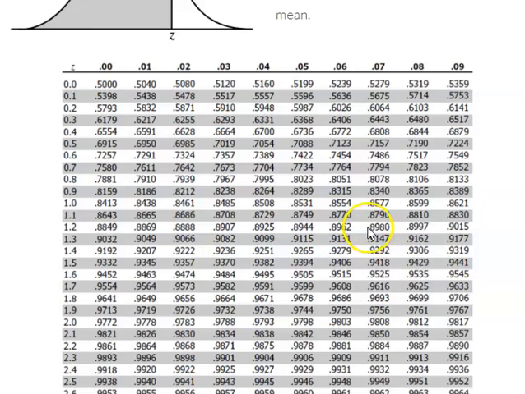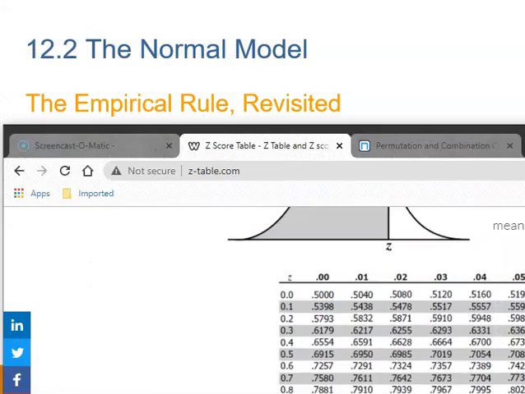The value is 0.8980, and this is the area to the left of 1.27. I want greater than 1.27, so 1 minus 0.8980 is my answer, which is probably 0.112, somewhere around there. We can actually calculate that, but it's just as easy as that.